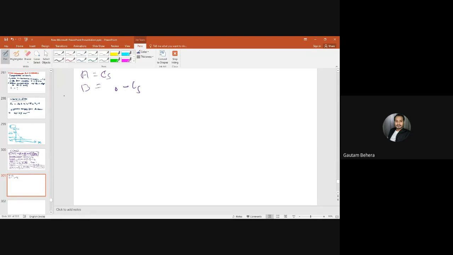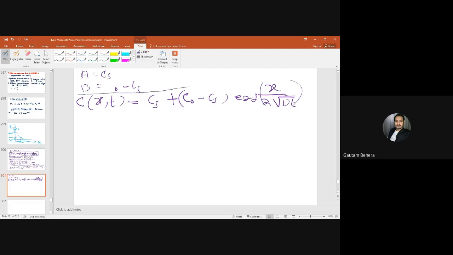So we will get a good expression to solve the numerical, that is C as a function of x distance, that is depth, and time t is equal to CS plus C0 minus CS error function of depth x to square root of dt. Okay, so we got a very good expression, and we can use this expression to solve our numerical. Right?